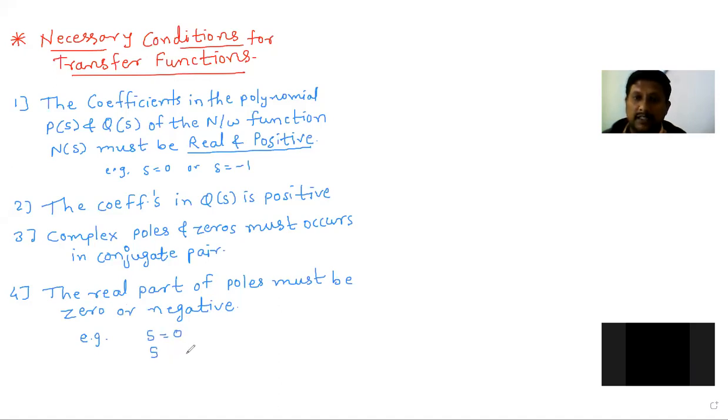S is equal to plus or minus 2j, suppose. Is the real part 0, no? By default, if no real part is mentioned, it means 0, so we can also write it as 0 plus or minus 2j. This is also acceptable. Then S is equal to -1 plus or minus 3j, where the real part is negative.